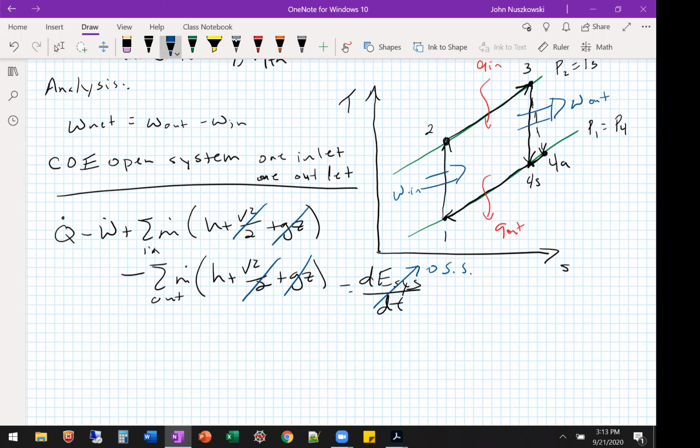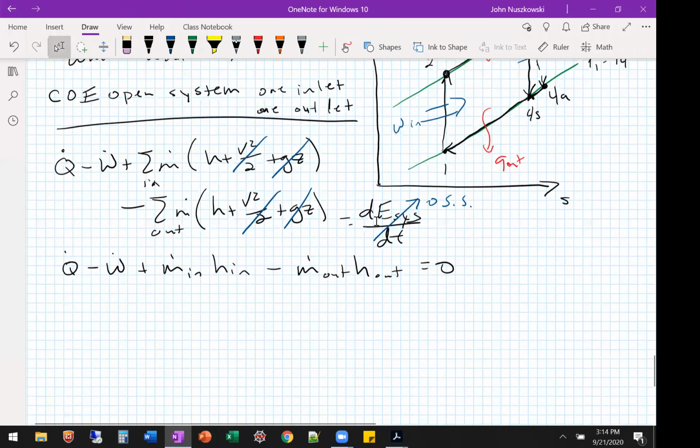So then we're left with, since it's only one inlet and one outlet, we're left with this, right?